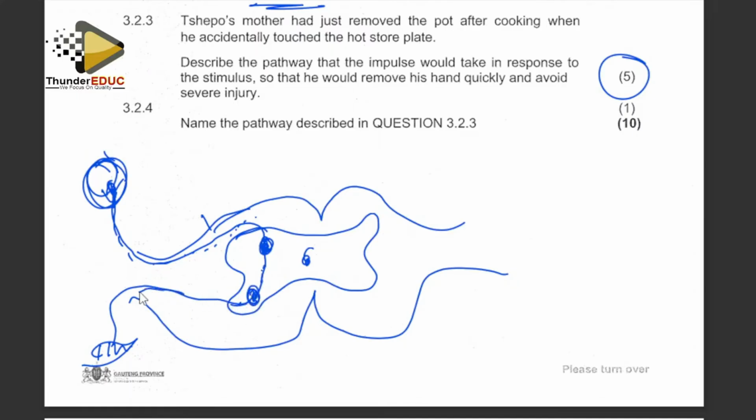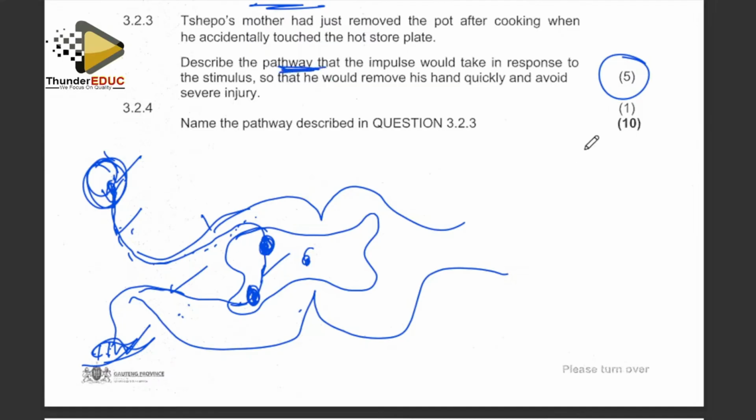Then the motor neuron moves out of the spinal cord via the ventral root to the muscles, and the muscles will contract and remove the hand. That's it. You need to talk about the receptor, the sensory neuron, the synapse, the interneuron, the synapse, the motor neuron, and then the effect. At least you have 5 marks there, showing how the impulse is being transmitted. You have to talk about that impulse because they're saying describe the path.